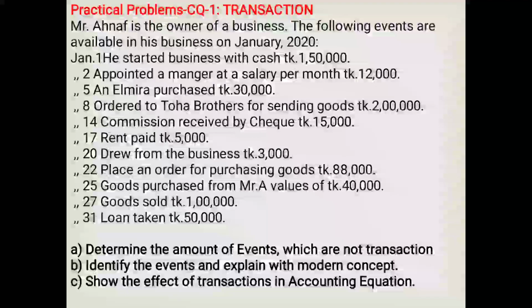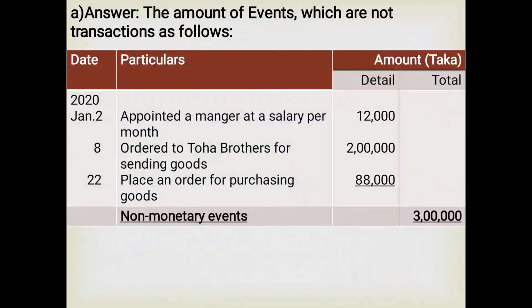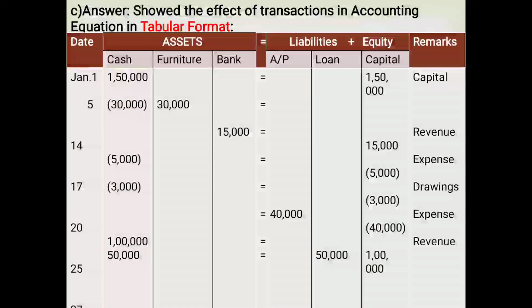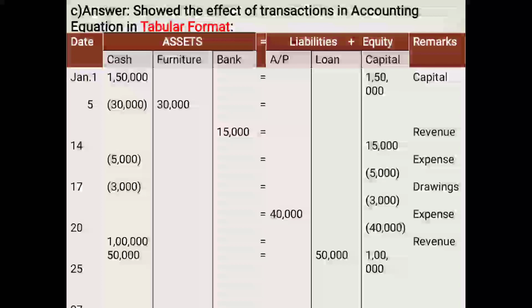Now we can see the transaction summary in requirement C. This is how we will solve this question, showing the effect of transactions in the accounting equation in tabular format.